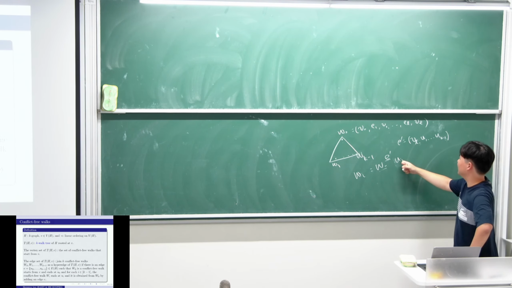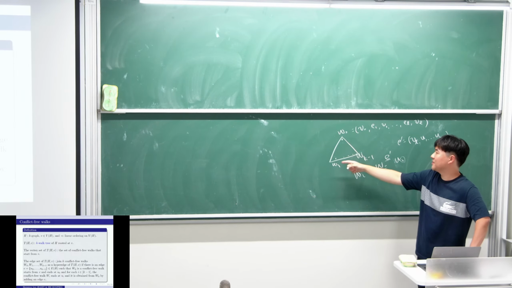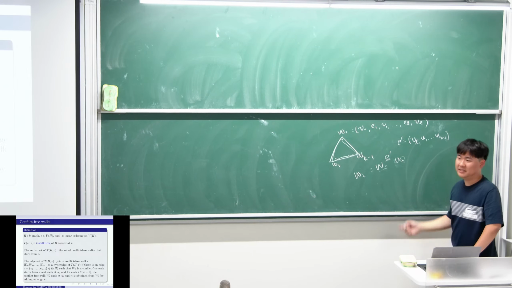Then the choice of this subscript i is exactly k minus 1, so this is a hypertree.